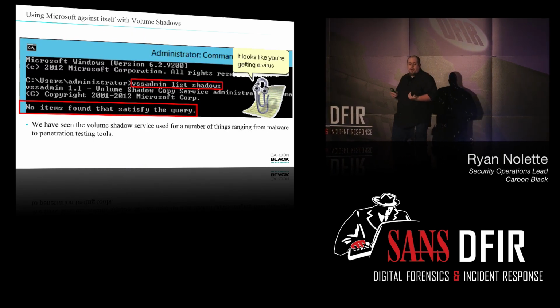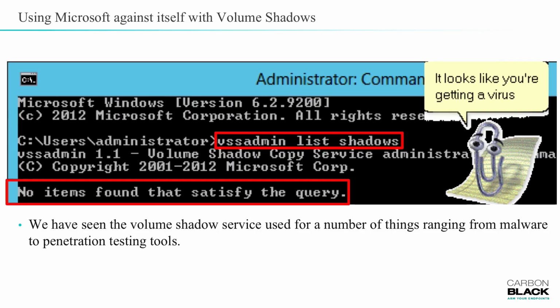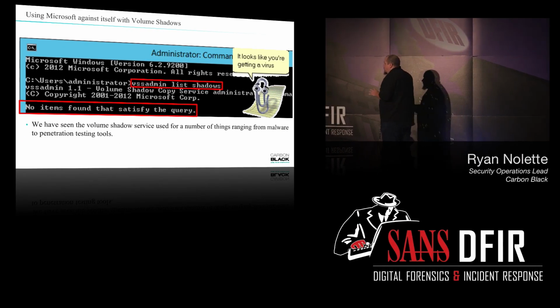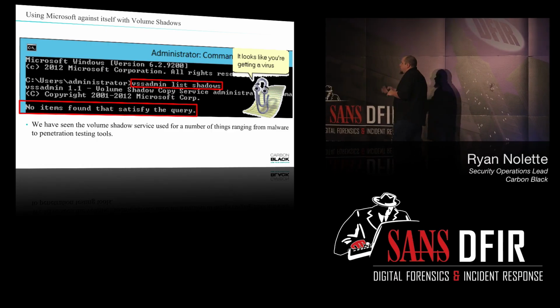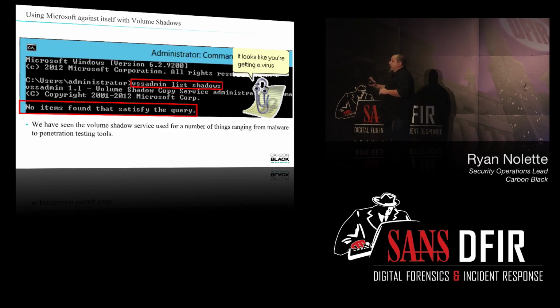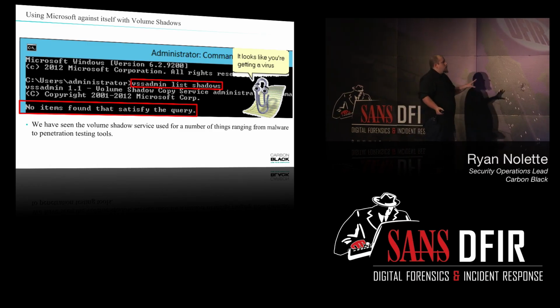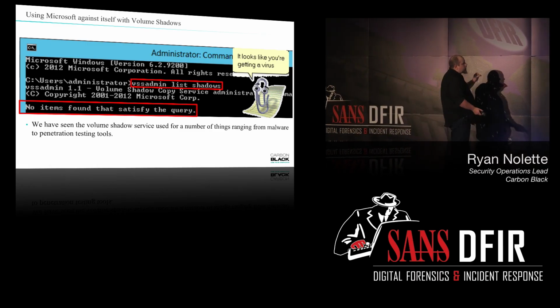So we're going to talk about how ransomware is actually abusing this. We're going to look at the very particular aspects of why ransomware is looking at vShadow and why it is such a problem. Up here on the screen, this is my demo system. This is a completely clean build, a fresh install of Windows 7. There are no shadows already created.